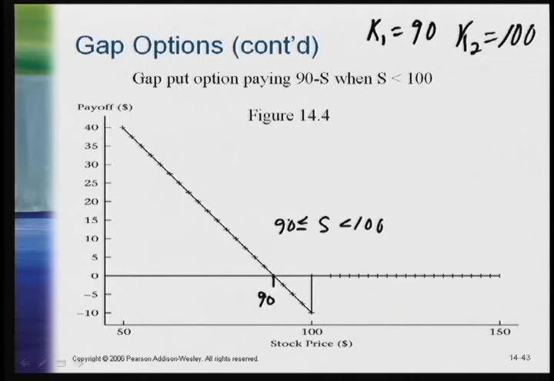A plain vanilla put would make a payment of 90 minus S, but only when S is less than 90. So you can also, as an exercise, develop an example like this of a call option, which will cost the holder money, or you can develop an example of a put option whereby if here K1 is less than K2, you can imagine a put option where K2 is in fact less than K1. And it'll be a truncated put, much like the truncated call we looked at a minute ago.